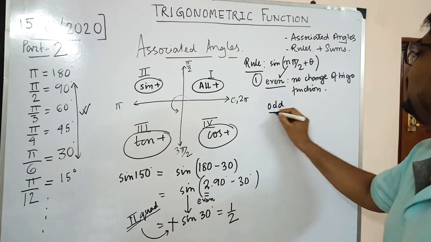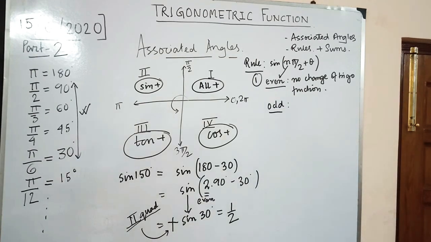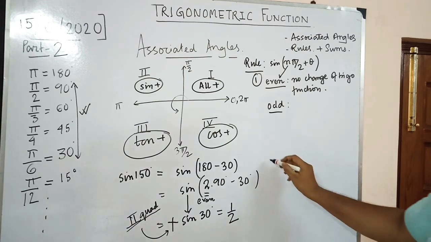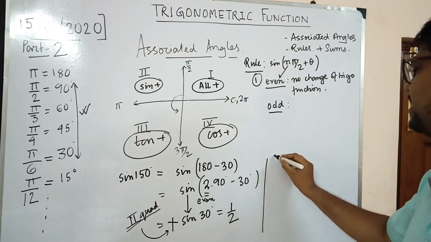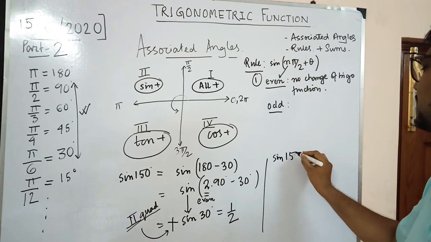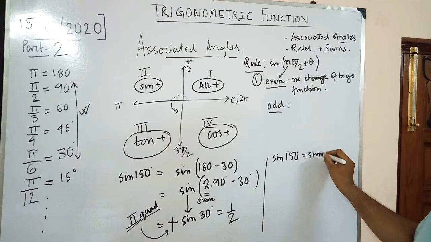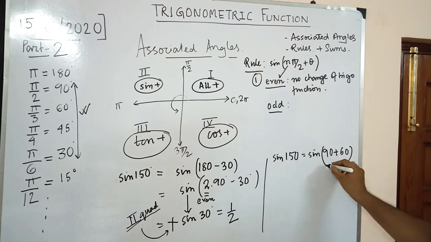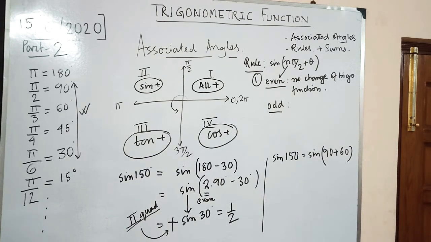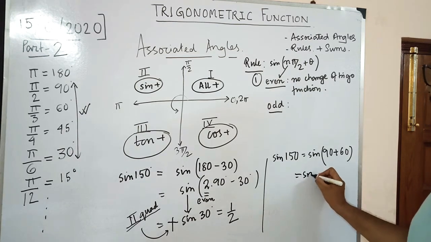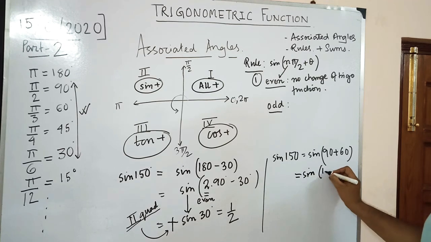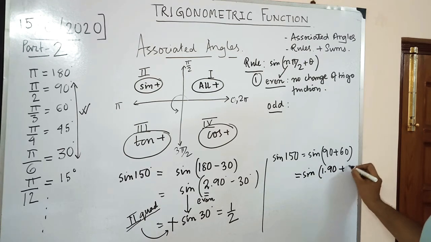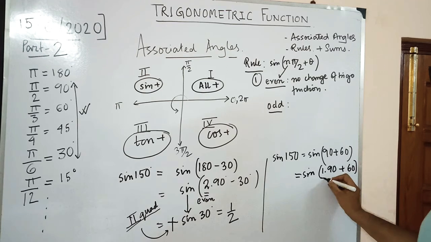I will also write what happens in case of odd. Now say we do the same sum, sine 150 degree. You might agree it can be written like this also, sine 90 plus 60. So what you observe is that it is 1 into 90 degree plus 60 degree, an odd multiple of 90.